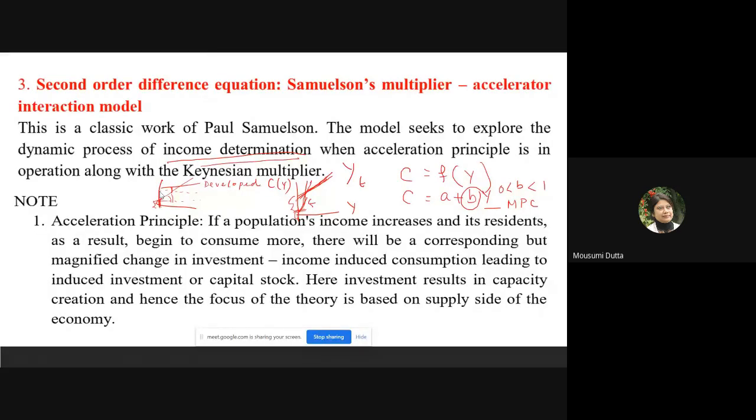As income increases, consumption expenditure increases, and in that case, naturally production will increase. And for increased production, you need more investment, isn't it? So more investment means more income, and then again more investment. Yes, therefore it is the acceleration principle. It will go on and on like this.